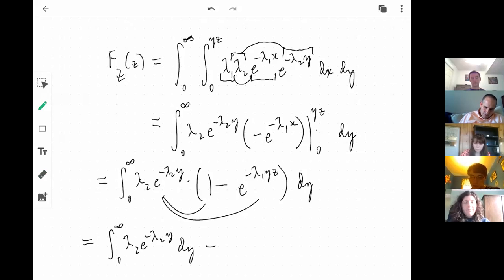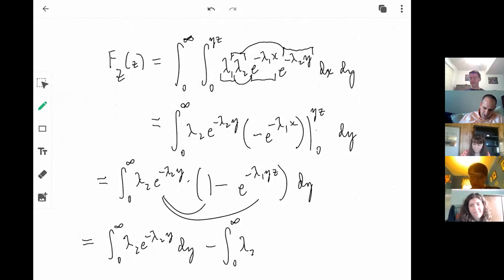minus, okay, minus what? The integral from 0 to infinity of lambda 2, okay, so what am I going to have here?